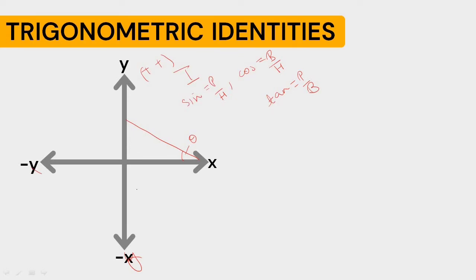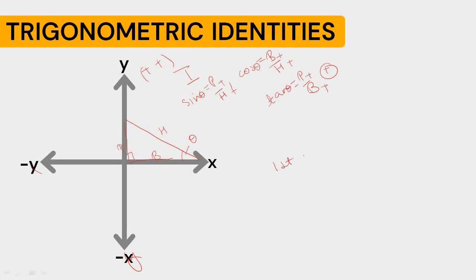Okay, so here which will be the perpendicular? This is the perpendicular, this is the base, and this is the hypotenuse because this is 90. So perpendicular is positive, base is positive, and hypotenuse is also positive, which means sine theta, cos theta, and tan theta all will come positive here.